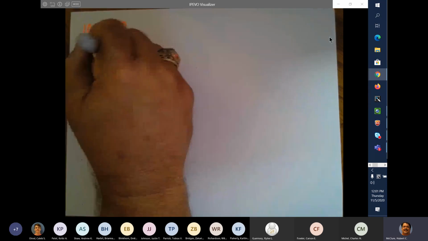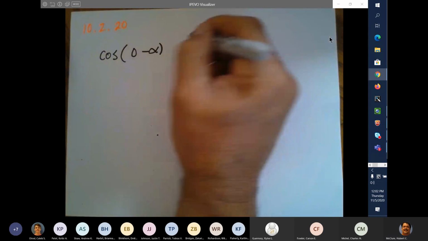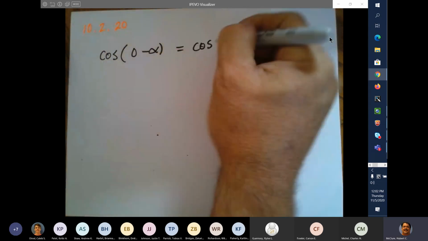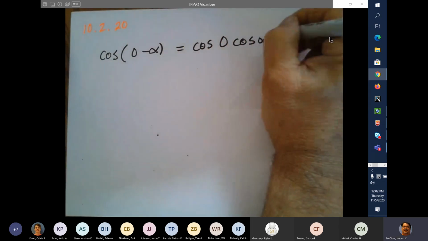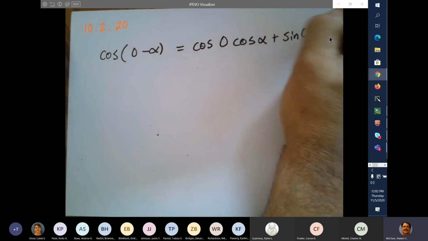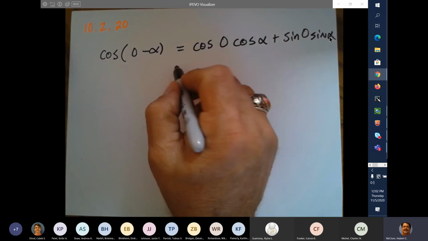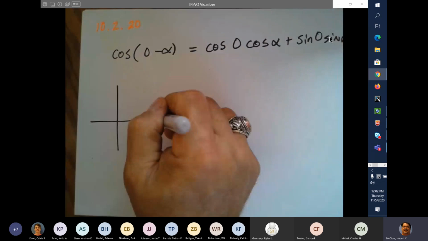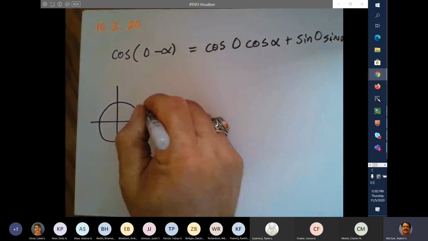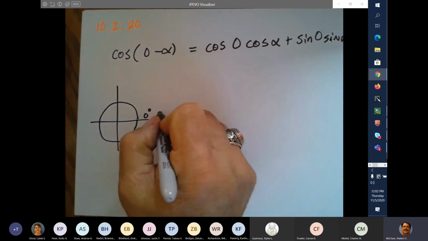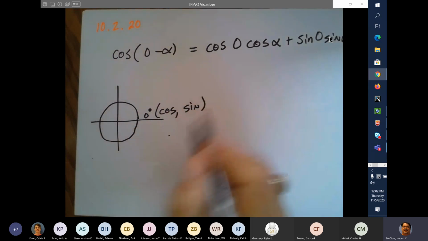So the cosine of 0 minus alpha is going to be equal to the cosine of 0, cosine of alpha, plus the sine of 0 times the sine of alpha. And we're going to draw our little unit circle right here. And 0 degrees is right here. What is the cosine and the sine of 0 degrees?